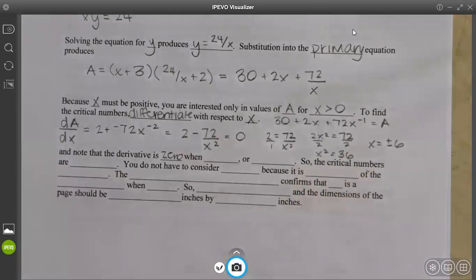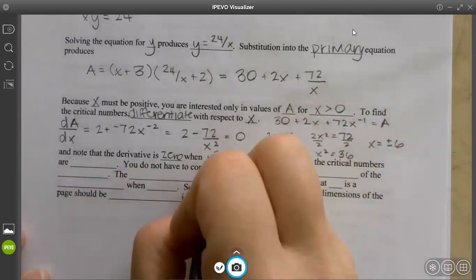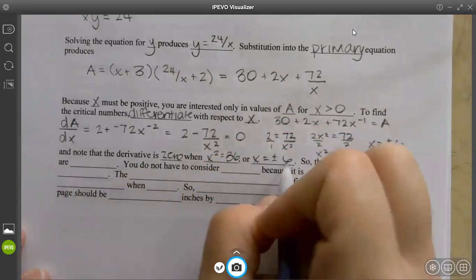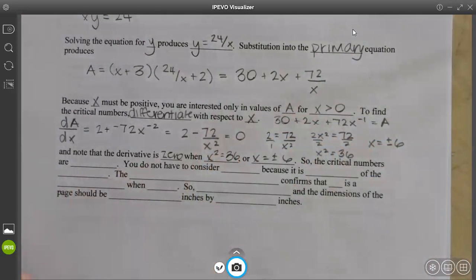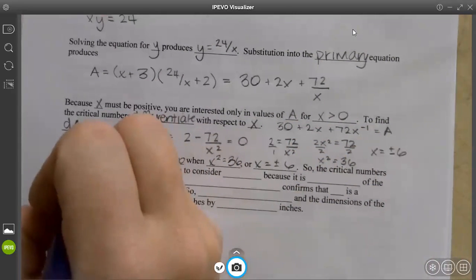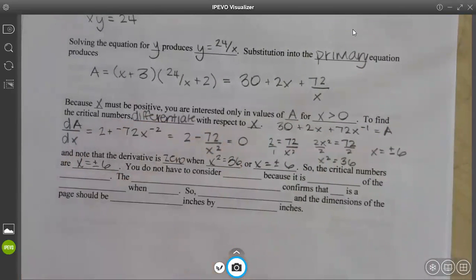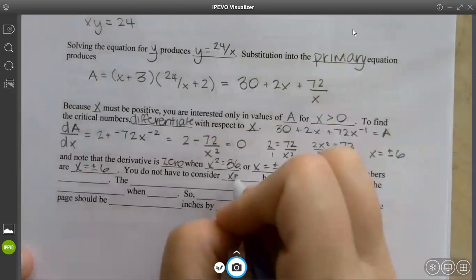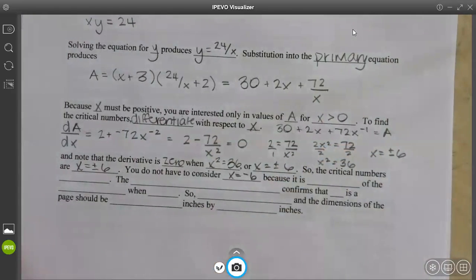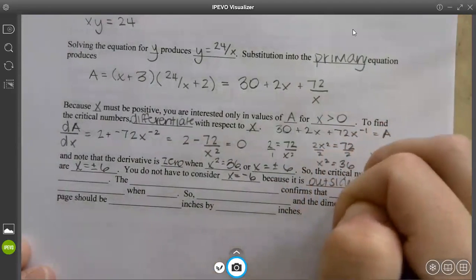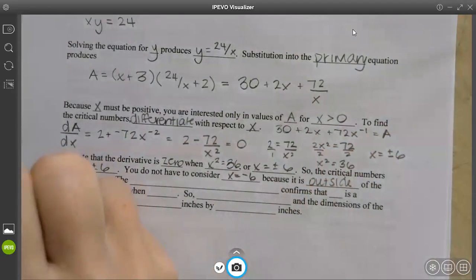So our critical numbers this time are positive and -6. The derivative is 0 when x squared equals 36, or x equals positive or -6. So the critical numbers are positive and -6, but you do not have to consider -6 because it's outside of the domain.